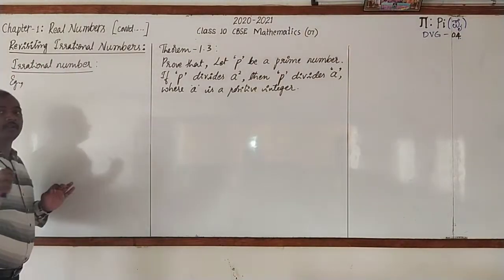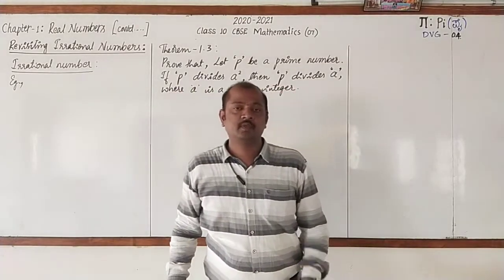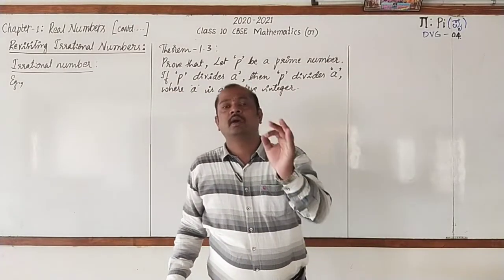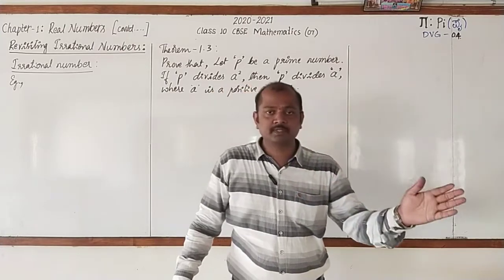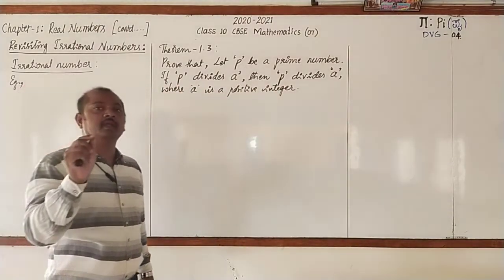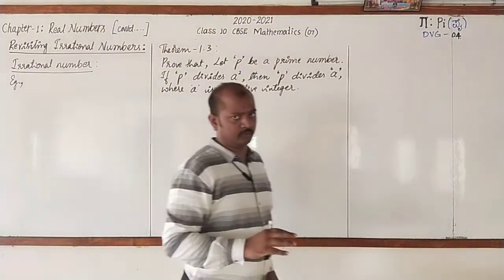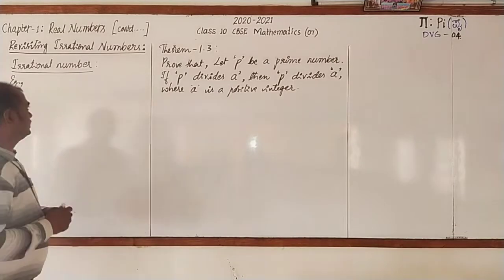Revisiting irrational numbers. We are already familiar with irrational numbers. What are irrational numbers? A number which cannot be expressed in the form of p by q, where p and q are integers and q is not equal to 0. Right? That's the definition.